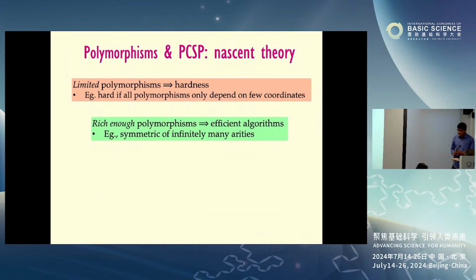So having said that, there is a nascent link between polymorphisms and hardness. If you don't have much structure, the polymorphisms basically only depend on few coordinates, and that gives hardness. On the other hand, if you have a rich set of polymorphisms, there should be more algorithms.